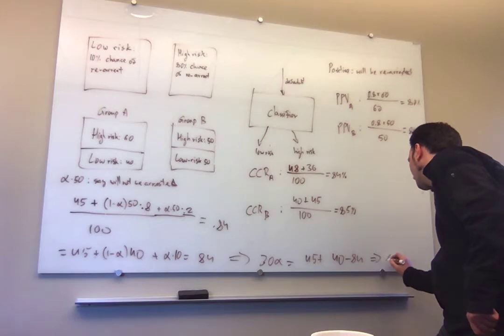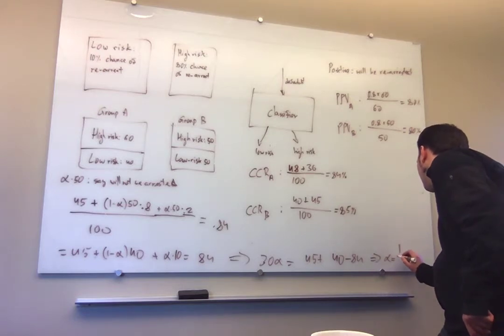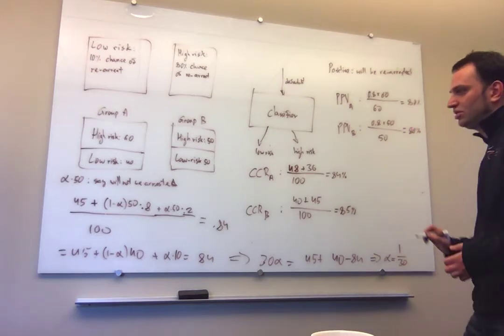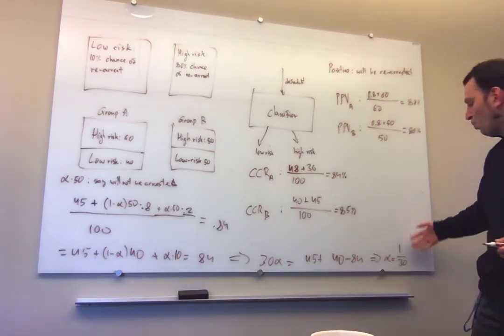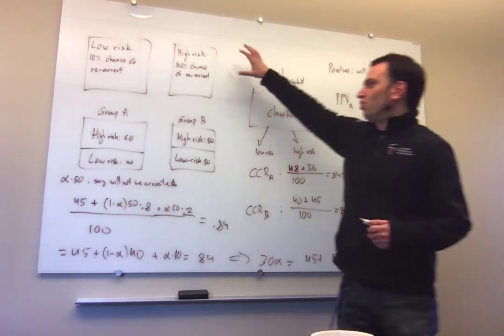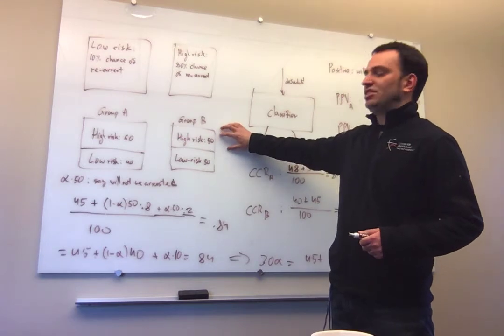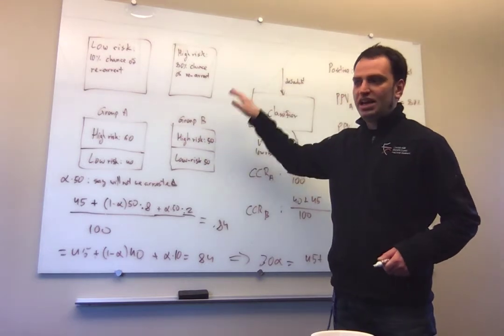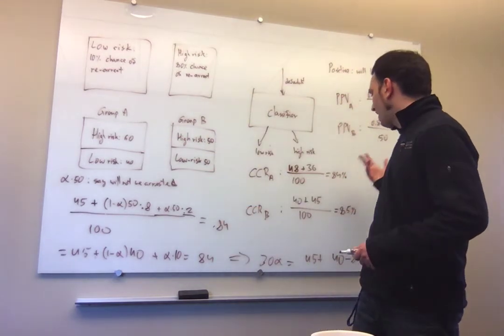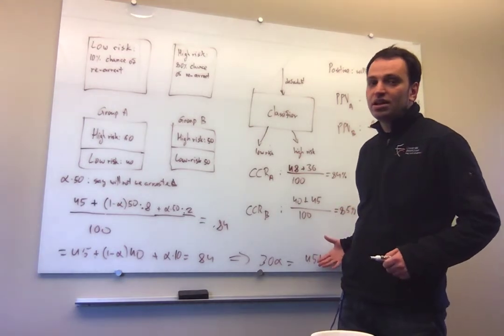So that means that alpha is going to be 1 over 30. So if with probability 1 over 30, even though a person from group B is classified as high risk, I say no, they're not going to be arrested, then I'll get accuracy parity.